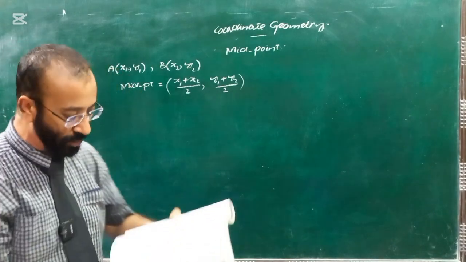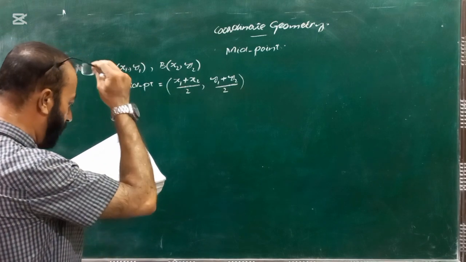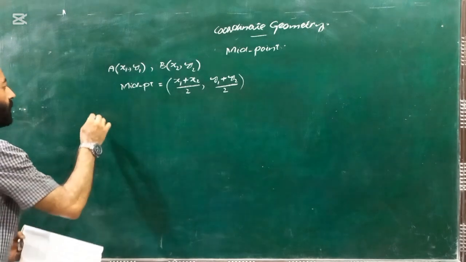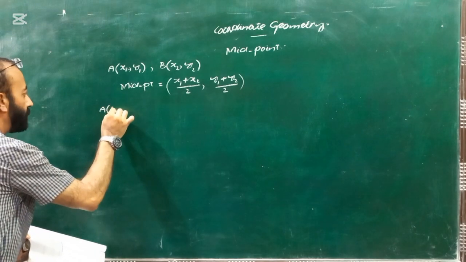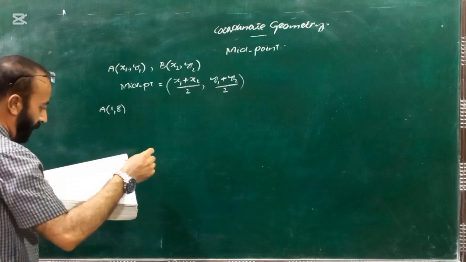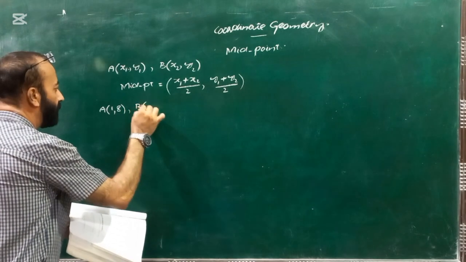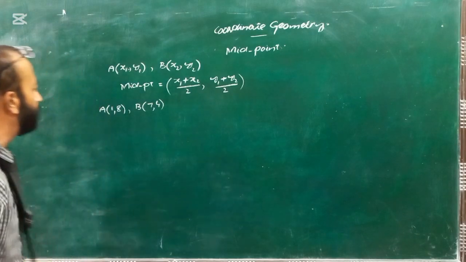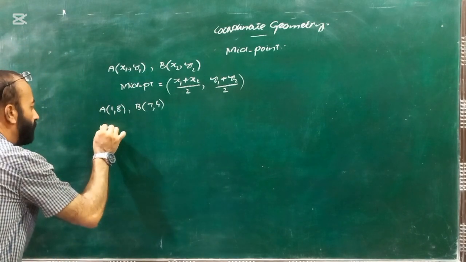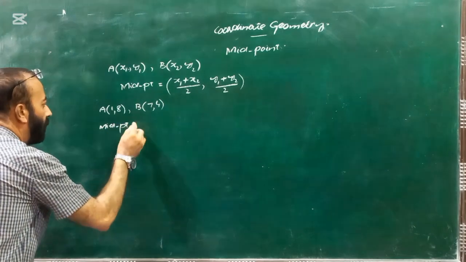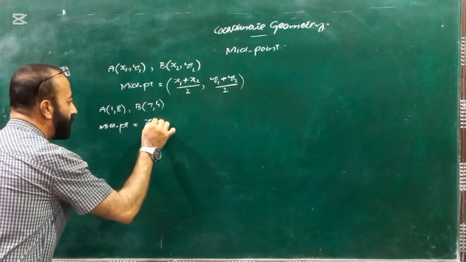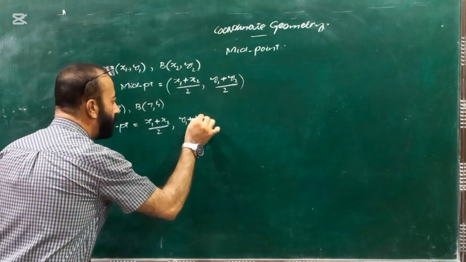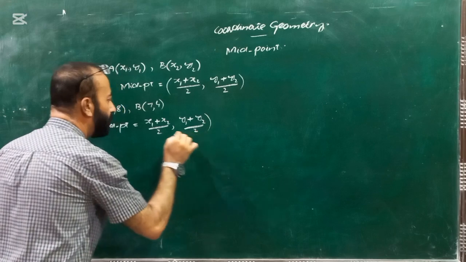Suppose we are going to solve a question now. We are given the points A(1, 8) and B(7, 4), and the requirement is to find the midpoint of these 2 points. Midpoint will be equal to x1 plus x2 divided by 2, y1 plus y2 divided by 2.